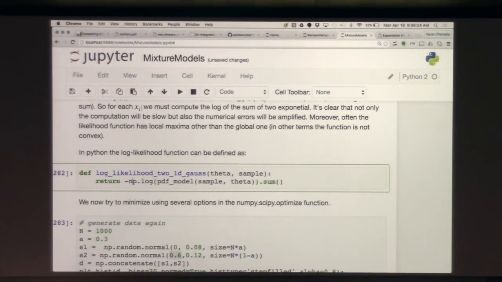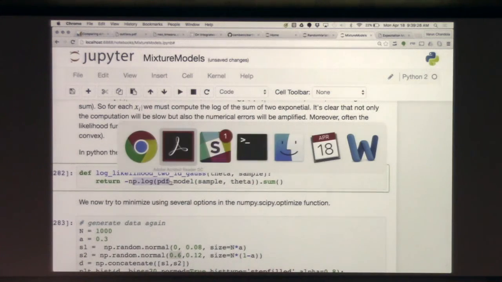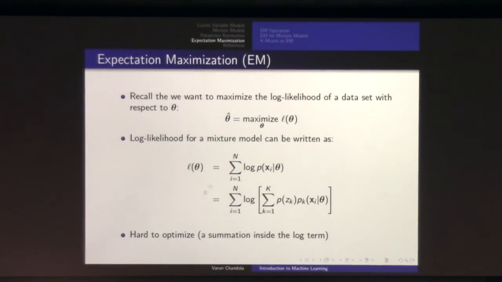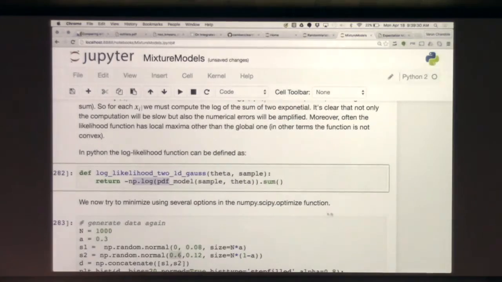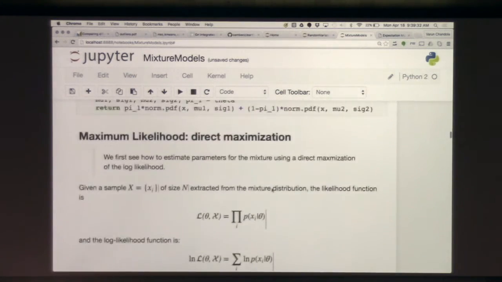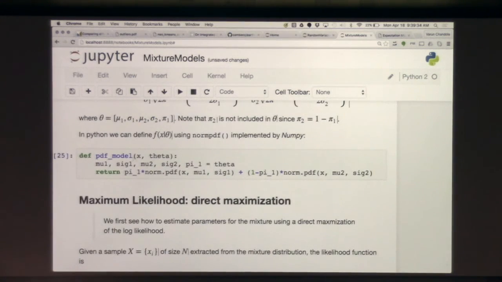It basically computes the log likelihood. It essentially does this quantity inside here, so this is the internal core function. I give it one x, and theta essentially contains all of your parameters: mu1, sigma 1, mu2, sigma 2, and the pi.